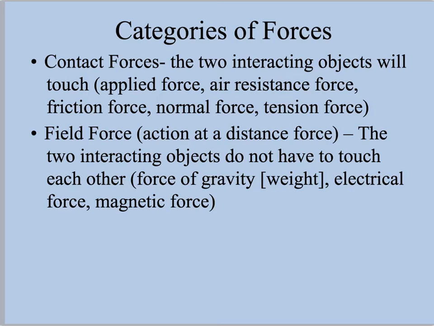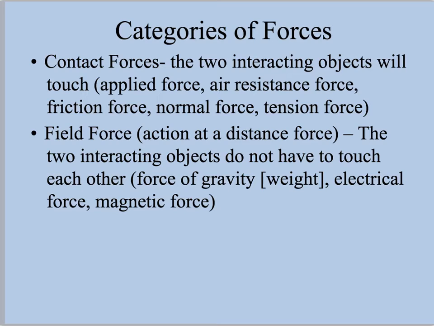Normal force we'll get into, but it's the force that a surface applies to an object. So if you have an object sitting on a table, like a soap dispenser next to a sink, the soap dispenser is applying a force downward on the table. We call that weight.